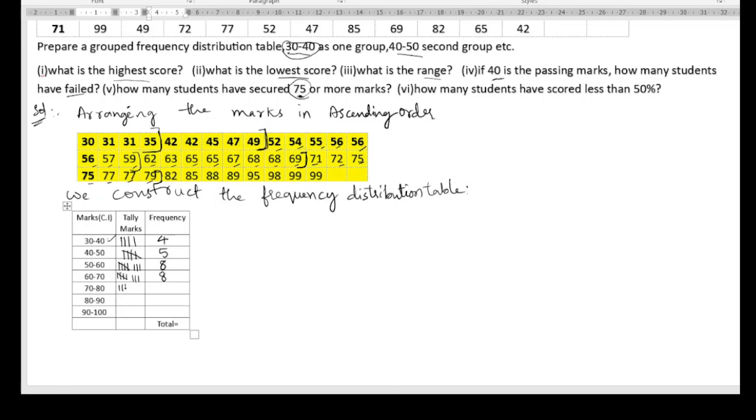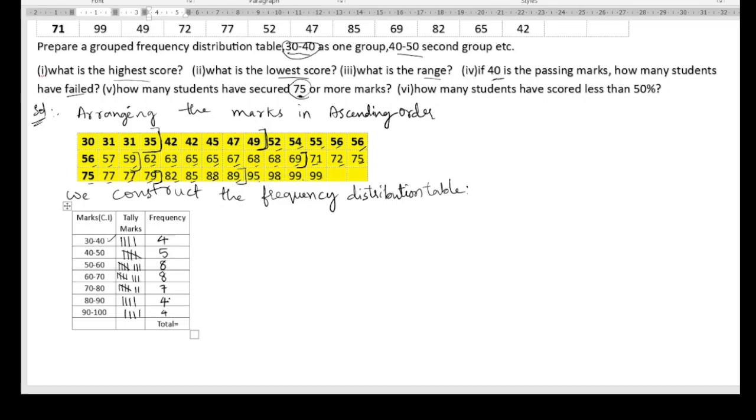So 7. Next, 80 to 90: before 95 we need to stop. 1, 2, 3, 4. So 4 lines. Next, 90 to 100: 1, 2, 3, 4. Only 4 lines we need to draw.